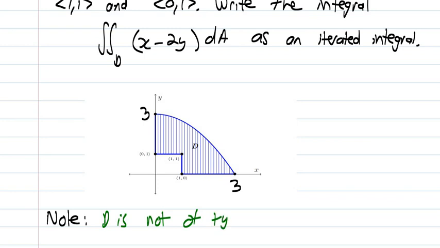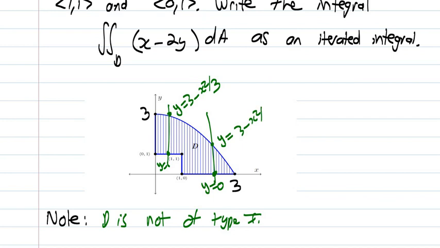Remember, when you do type 1, you do vertical slices. If I do a vertical slice here, it starts on the line y equals 1, and it ends on the curve y equals 3 minus x squared over 3. But if I make a vertical slice here, the blue region starts at y equals 0, and ends at the point where y equals 3 minus x squared over 3.